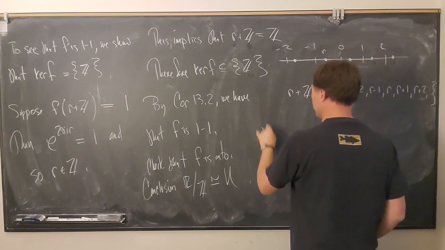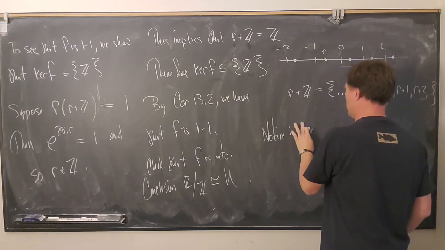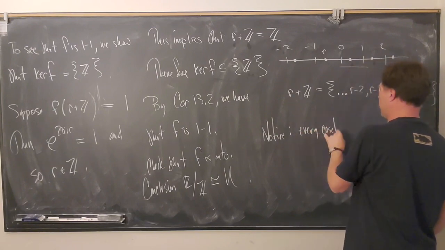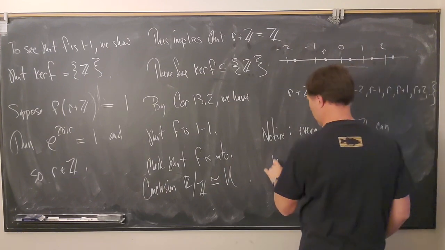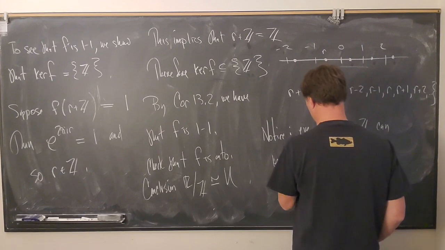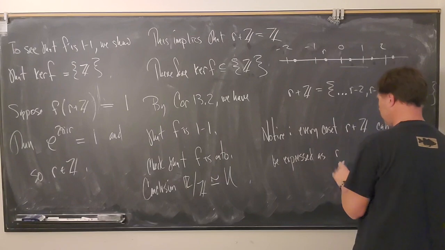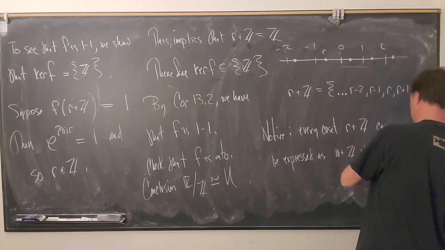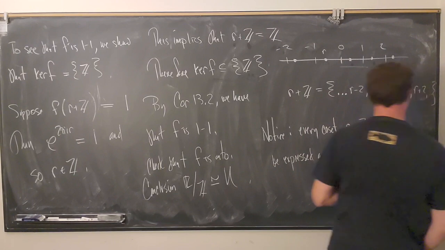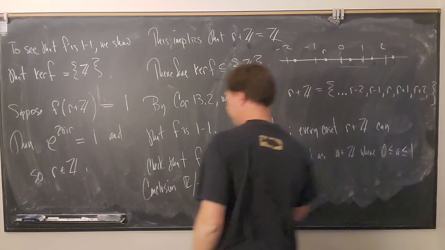So let's say, notice, every coset R plus Z can be expressed as A plus Z, where A lives between 0 and 1. Everybody has a coset representative right there.